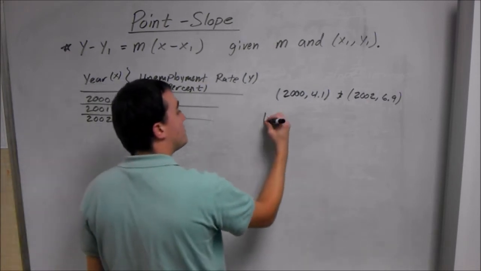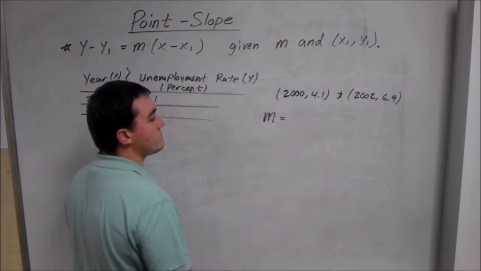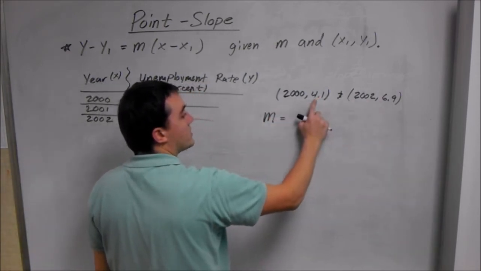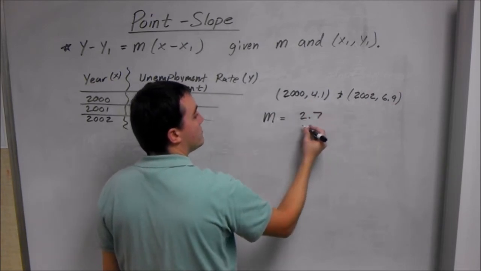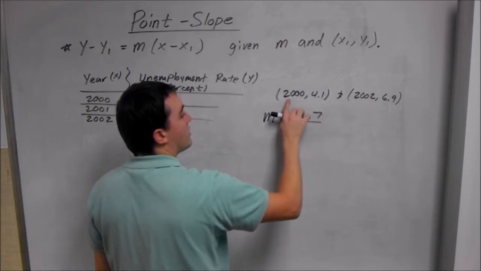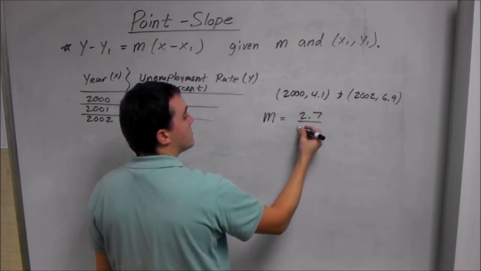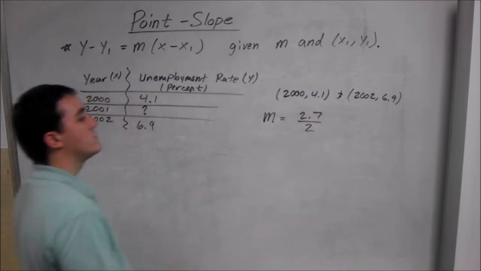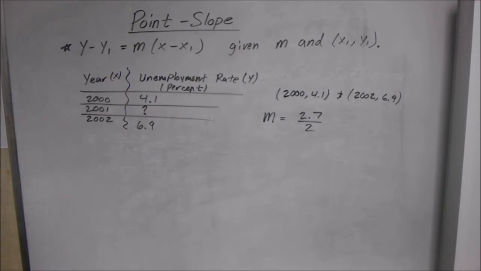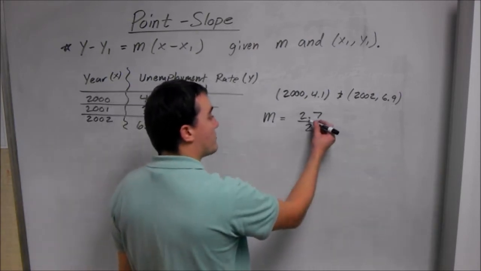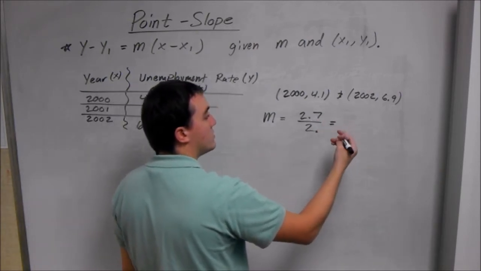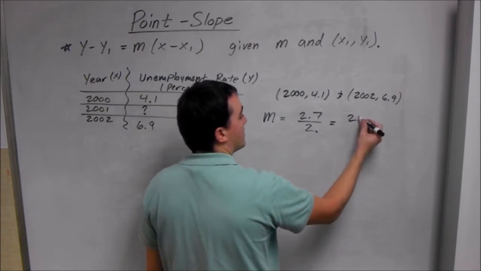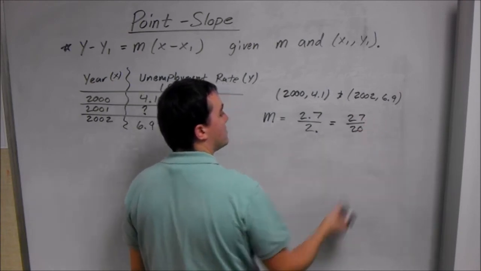So our slope is 6.9 minus 4.1, which is 2.7, over 2002 minus 2000, which is just 2. And it's best to look at these without decimals, so let's just bump the decimal over 1 place for each. So 2.7 over 2 is the same as 27 over 20.